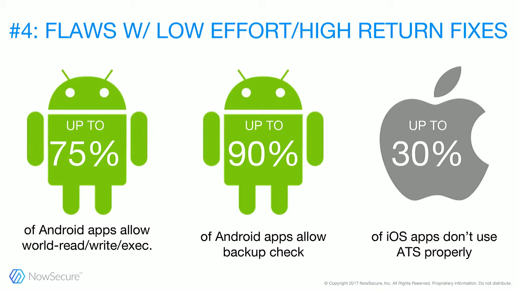And one other one that we'll talk about a little bit is the ATS functionality within iOS apps, which is App Transport Security. If applications are not going to use secure communications, they have to get an exception, and so they have to flag it in their application transport security, their ATS section.